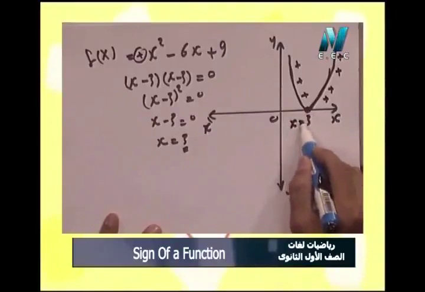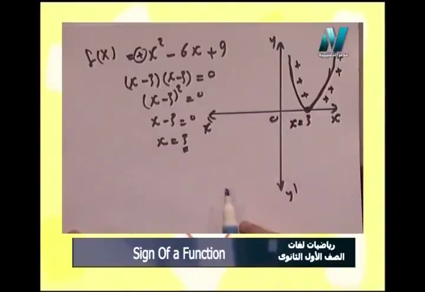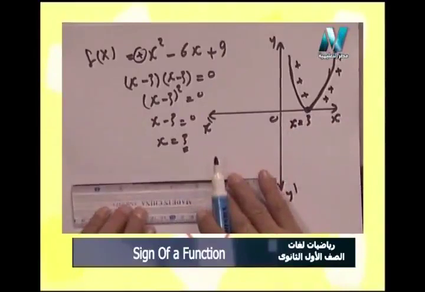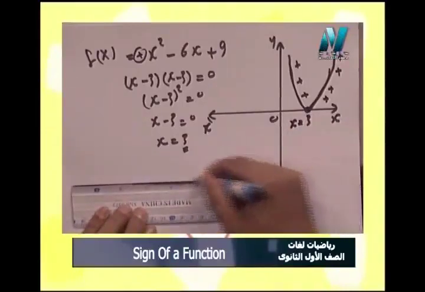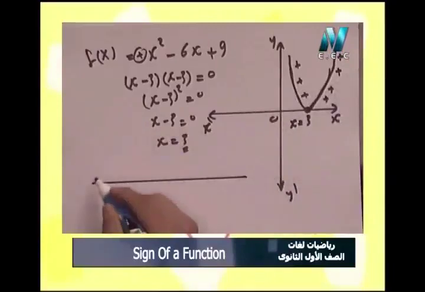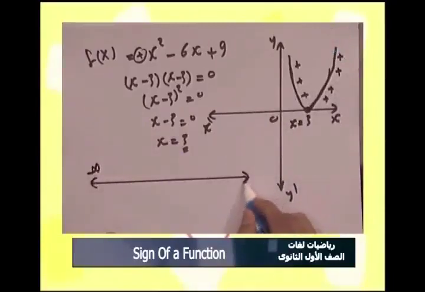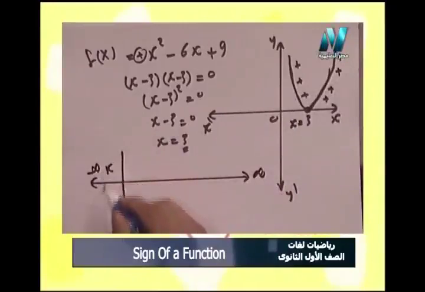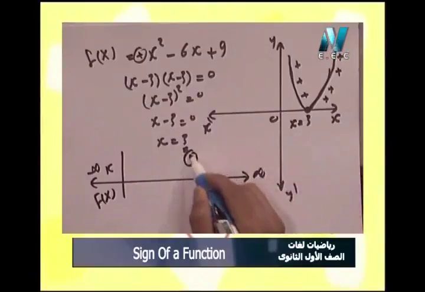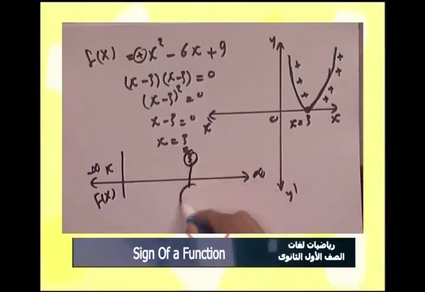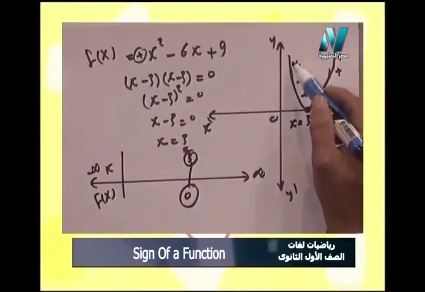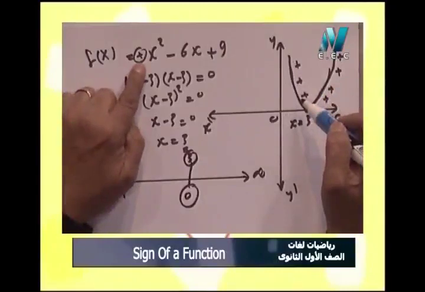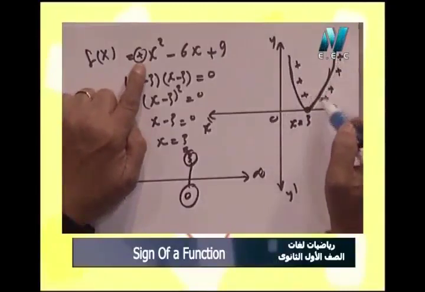So if we draw the number line like we said before, we have negative infinity and positive infinity, and we have only 3 as a root. At 3 the function equals 0, and look carefully: this part is positive as the coefficient of x power 2, and this part is also positive as the coefficient of x power 2.